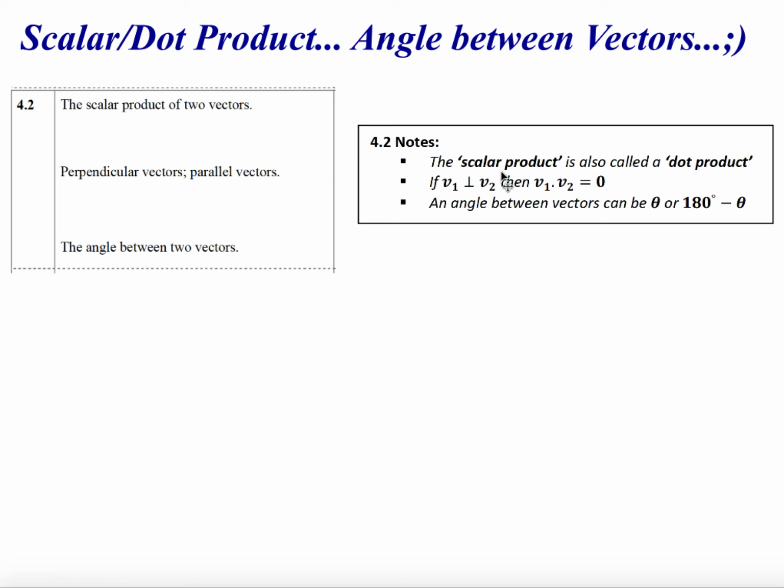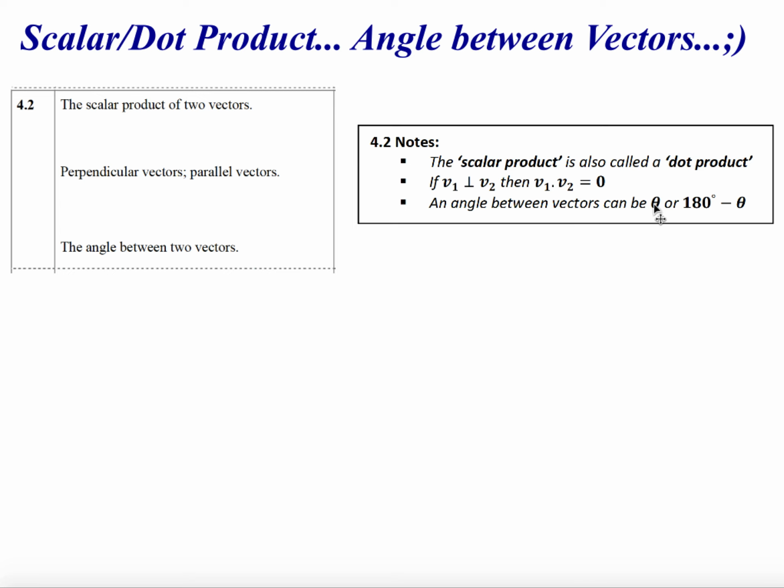You'll hear me interchangeably referring to the scalar product as also the dot product, because this so-called dot product, which will be sort of vector 1 dot vector 2, so v1 dot v2, will be appearing like a multiplication symbol, but it's actually referred to as a dot product.